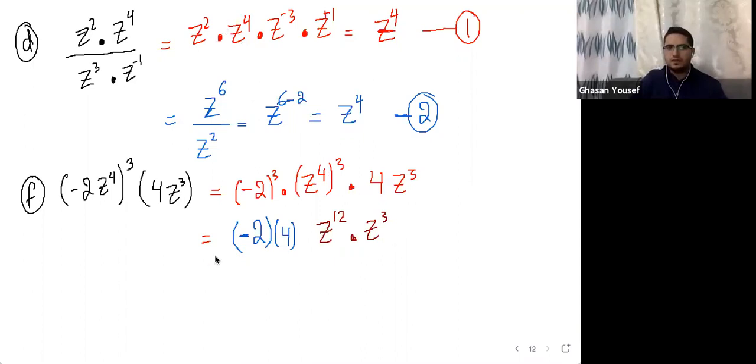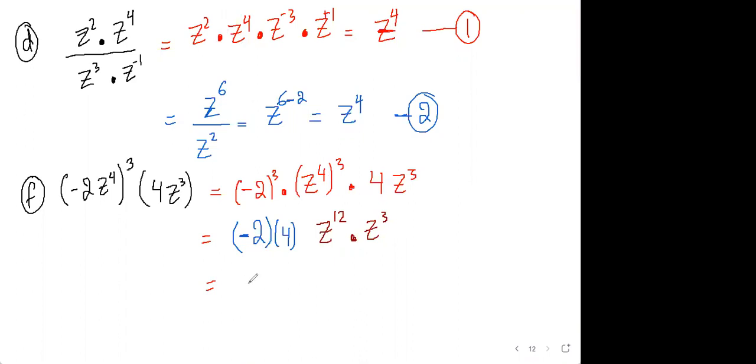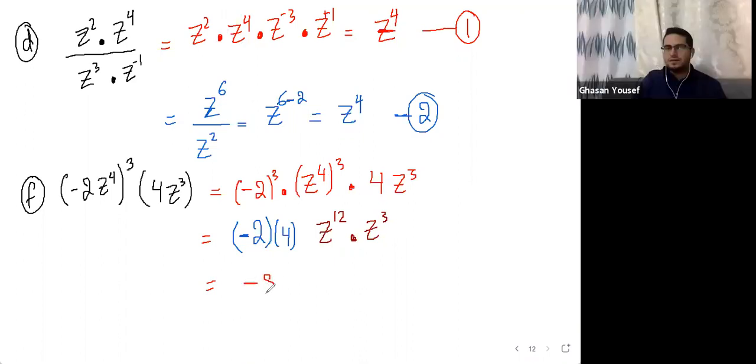Now what's the answer? Negative 2 times 4 is negative 8. And the z, 12 plus 3, because we have the same base with different exponents, 15, right?